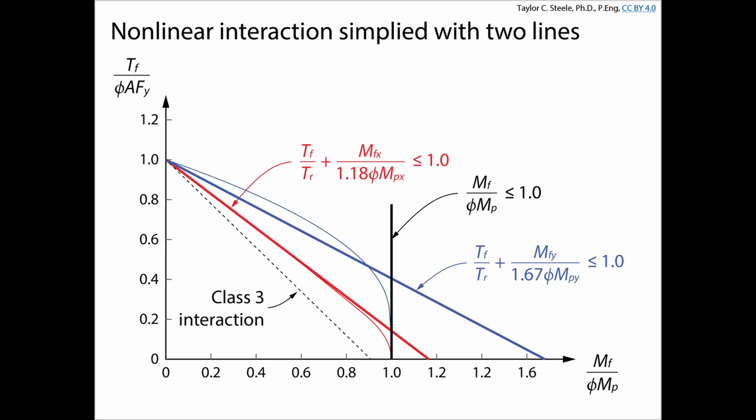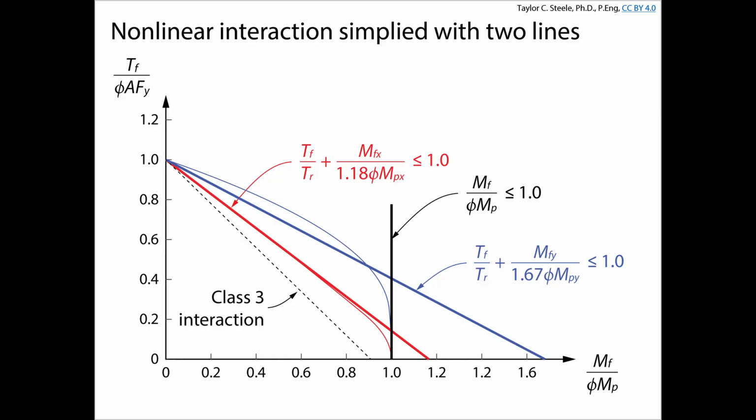We actually get a slightly curved line. Down here we've got pure moment. We can't exceed the pure moment resistance. Up here we have pure tension. We can't exceed the pure tensile resistance. But now what we have is a nonlinear interaction between those two actions acting on the beam. And that comes from the coupled force presence and the plastic stress distribution that we'd consider for those forces.